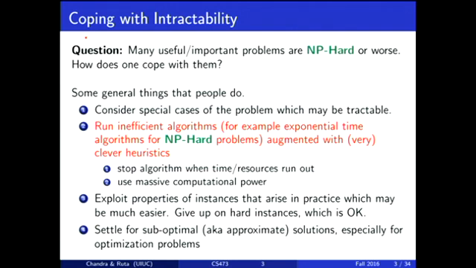Remember, when we say we have an algorithm to solve a problem, we want it to work properly on all instances. It has to give the right answer and run in the right amount of time for all instances. So you relax that and say, maybe my algorithm will solve some easy instances, but we'll give up on hard instances. That's what people do in practice. When you're stuck with a difficult problem, you just do the best you can.